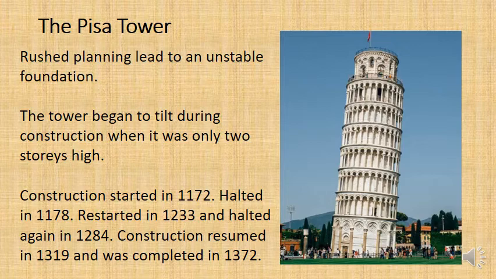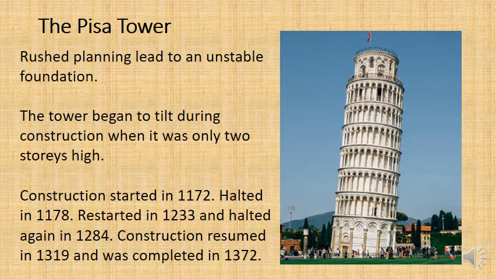And then they began construction for a 3rd time when they found a bit more money, and they started in 1319, and they finished it in 1372. This building took over 200 years to build, and it was a low-quality solution.